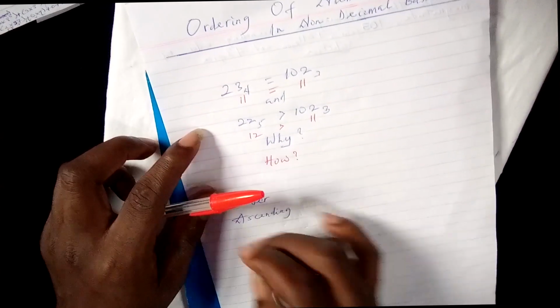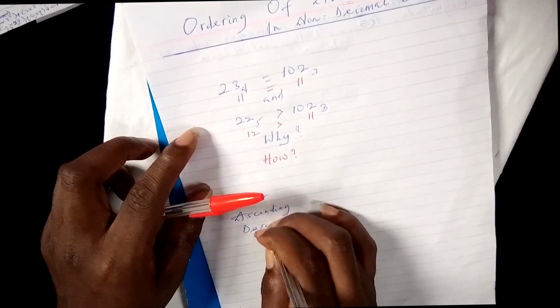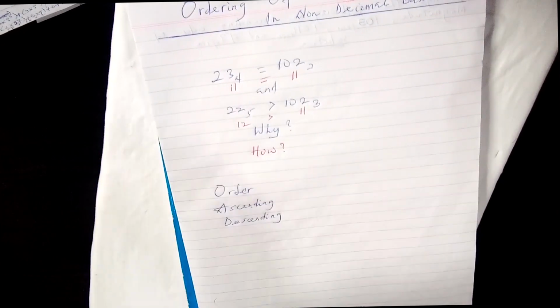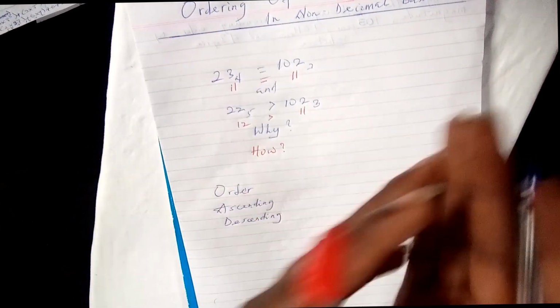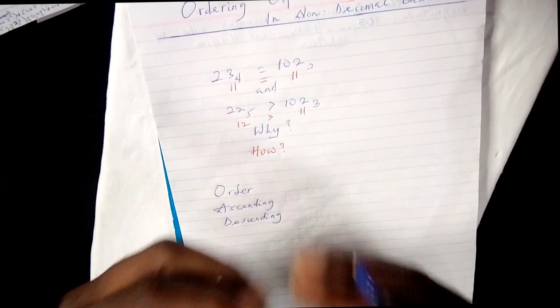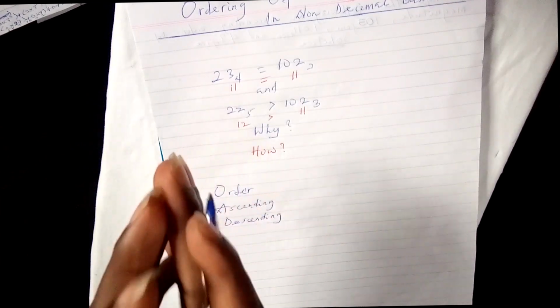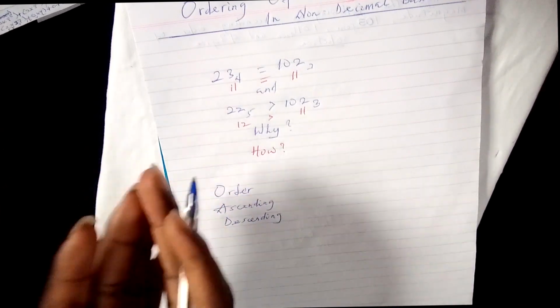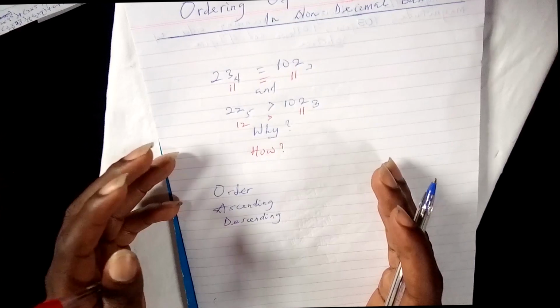The same thing applies to descending. When you talk about descending means arranging numbers or counting objects starting from the biggest down to the smallest. That is the difference between ascending and descending at this moment.